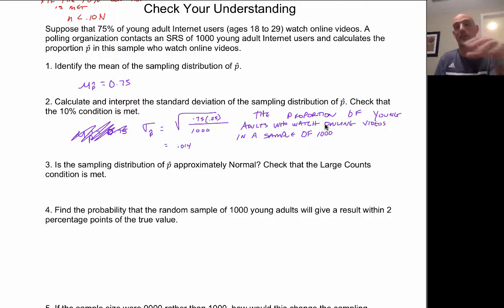So it's important to provide the context, not only young adults watching online videos, but also that it's in a sample size of 1,000. It typically varies by 0.014 from the true proportion of 0.75.